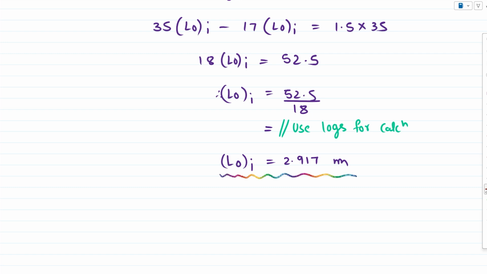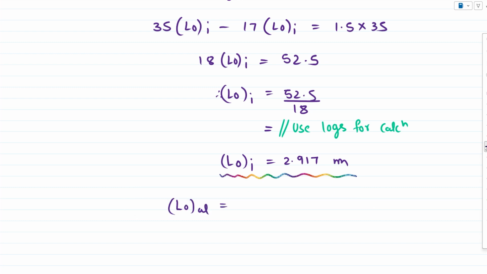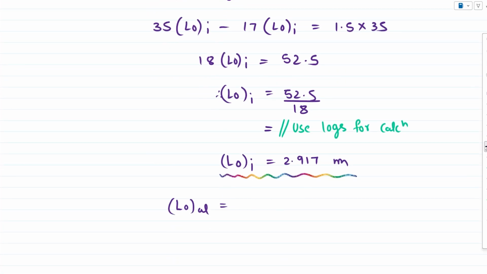So this was the first part of our numerical, but we also have to find the length of the aluminium rod. So L₀ of AL, from the above equation, that is the third equation, was 17 upon 35 into the length of the iron rod. So this is 2.917.